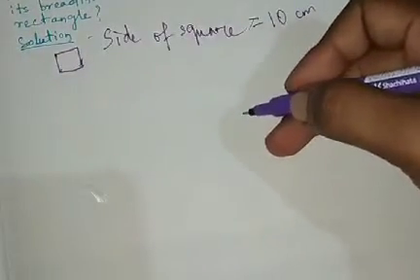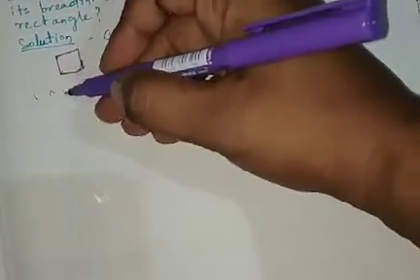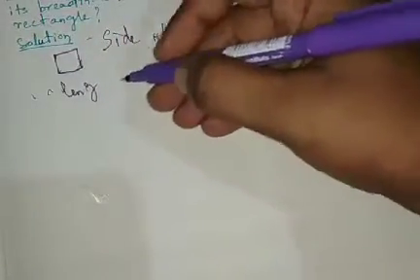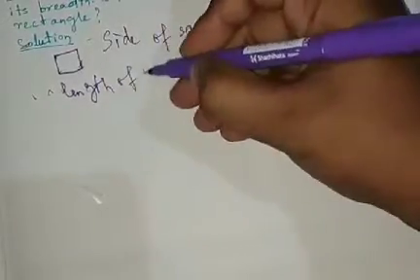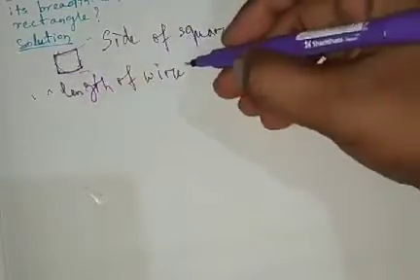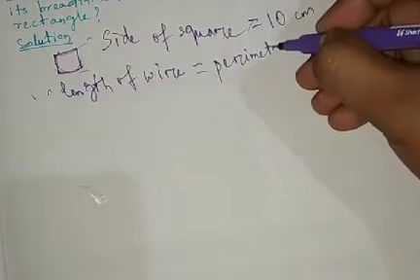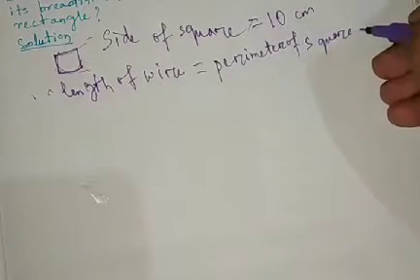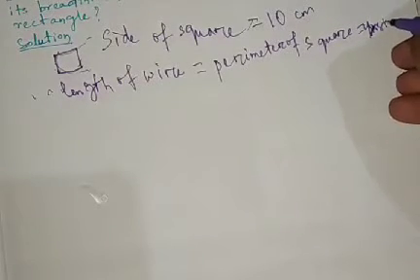So we will find out the length of wire. Length of wire is how much? Length of wire is the perimeter of square. You will write perimeter of square equal to 4 into side.